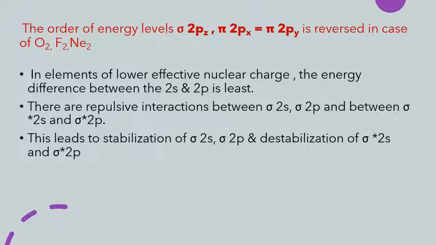Because of that, there will be repulsive interactions between sigma 2s and sigma 2p, and between sigma star 2s and sigma star 2p. As a result, this leads to the stabilization of sigma 2s and sigma 2p, and destabilization of sigma star 2s and sigma star 2p. So this is the reason why there is a slight variation of the order of molecular orbitals.